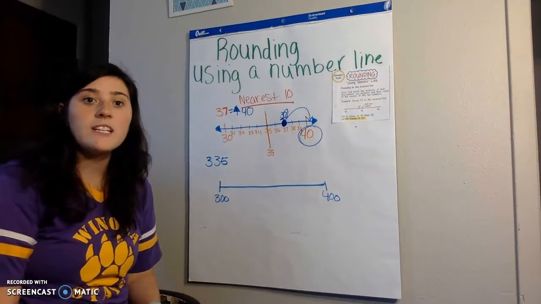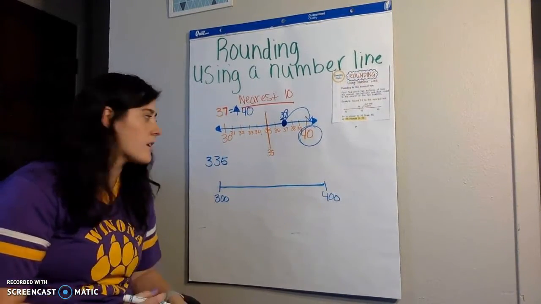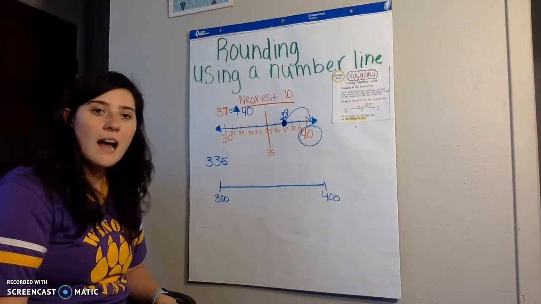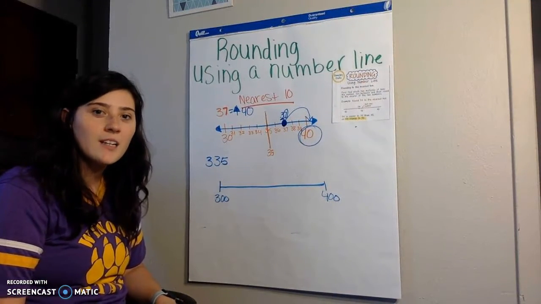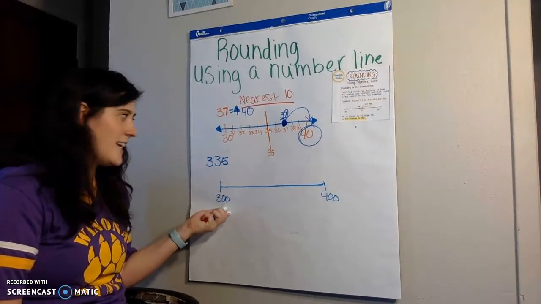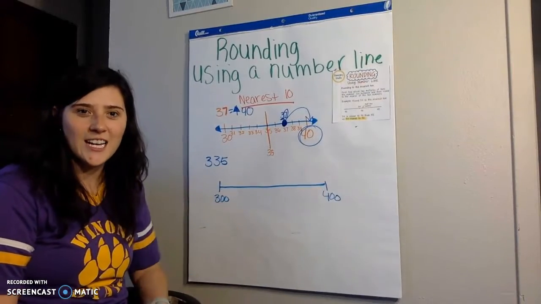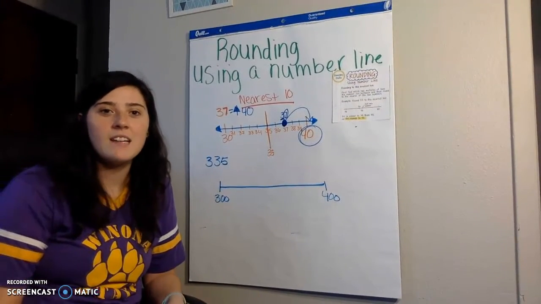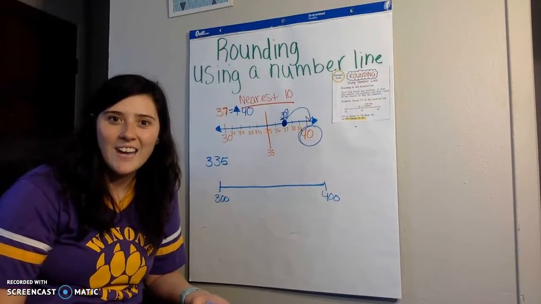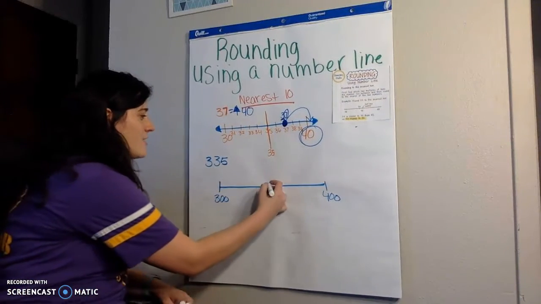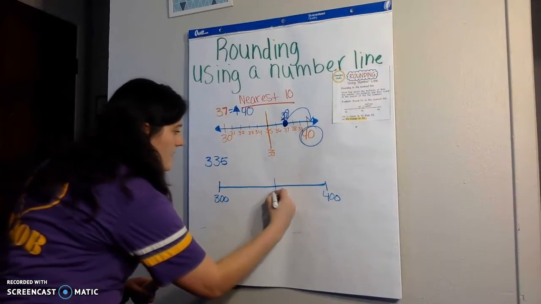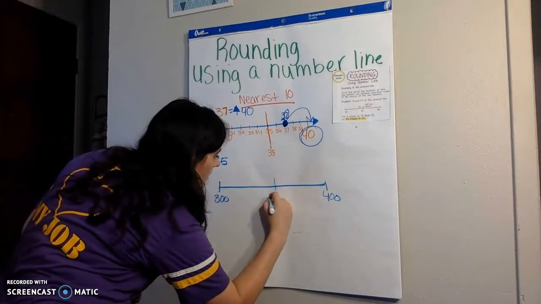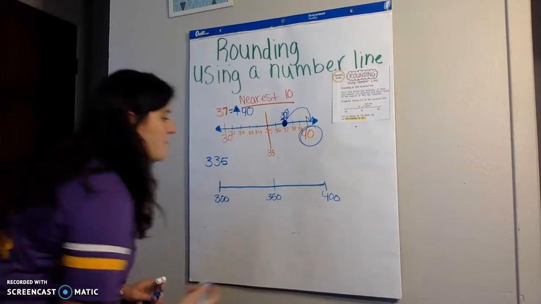So I labeled my two end marks to give me that clue. Now I have to figure out the halfway mark between 300 and 400. So what's my halfway mark? Keeping in mind, if 10 divided by 2 is 5, my halfway mark is going to be 350.